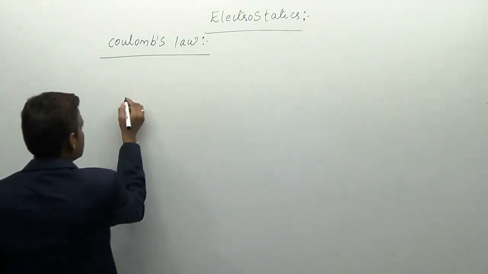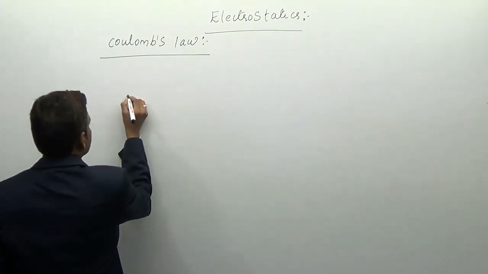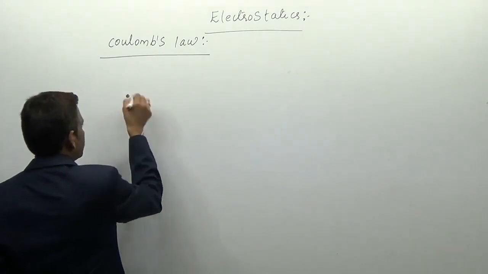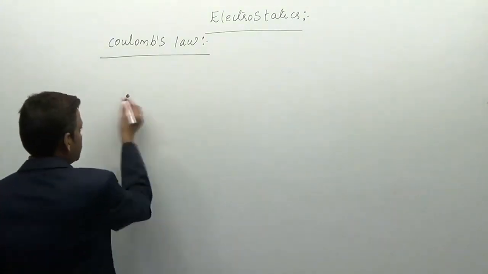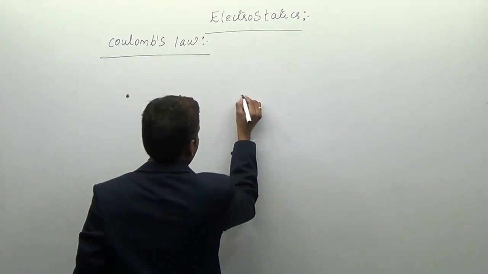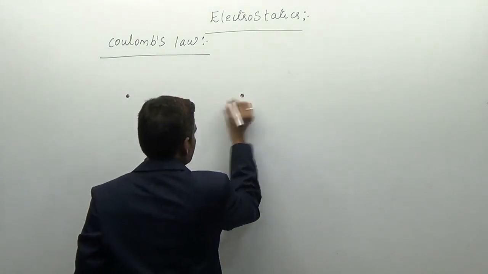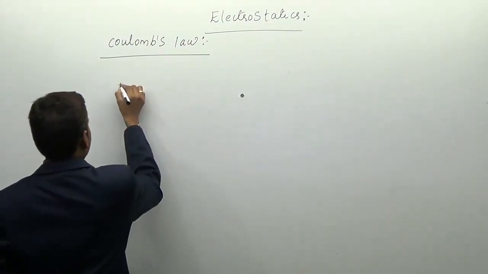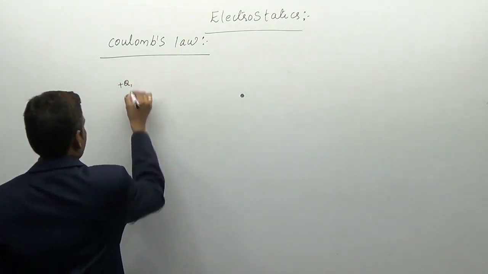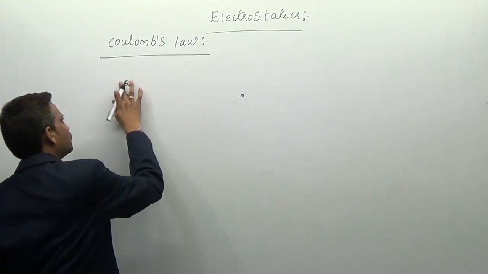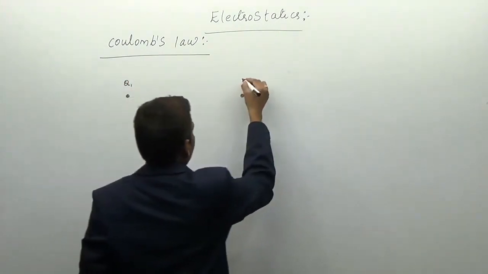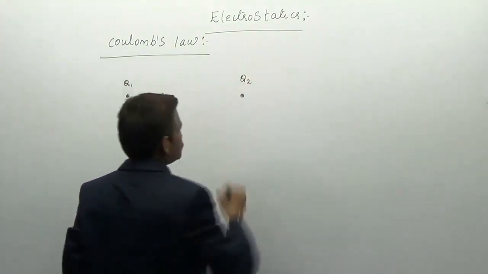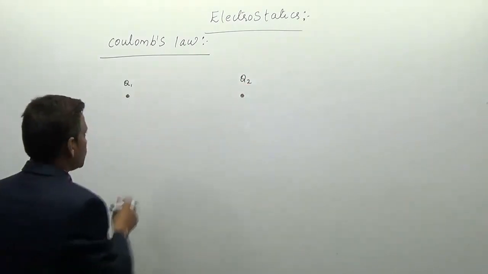So let us now take positive charges as point charges, which I have just defined. This is one positive charge and this is either another positive or negative charge. These two are represented by Q1, which is already a positive charge, and Q2, which is also a positive charge.